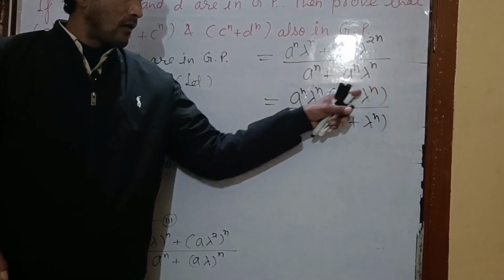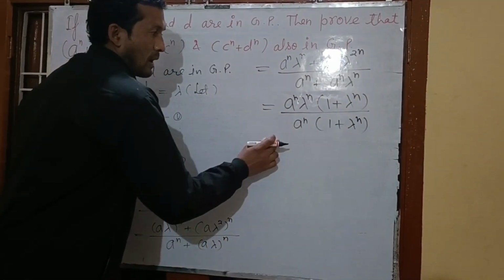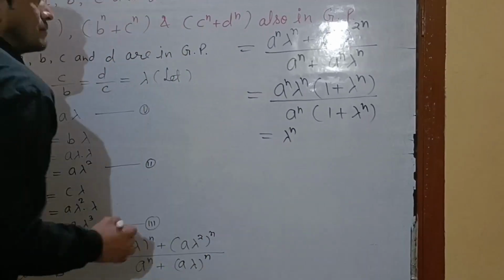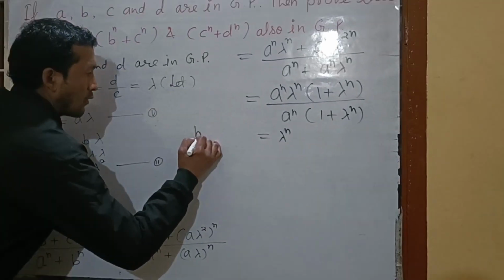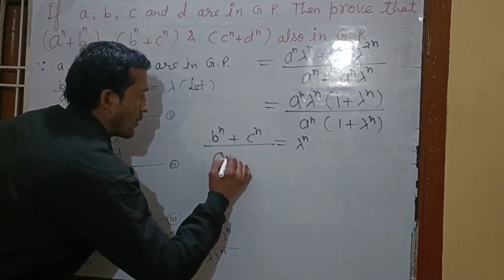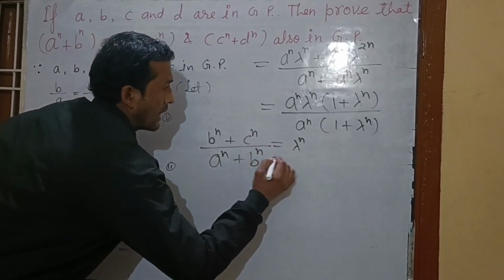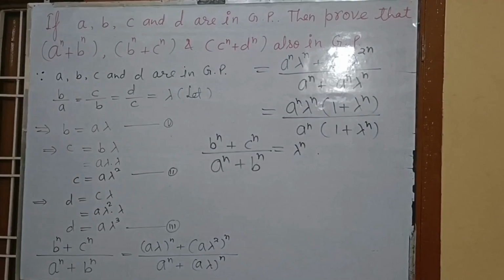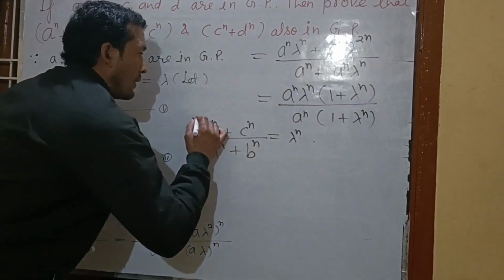The 1 plus lambda to the power n cancel out, A to the power n cancels out. That is lambda to the power n. This is the value of B to the power n plus C to the power n upon A to the power n plus B to the power n.